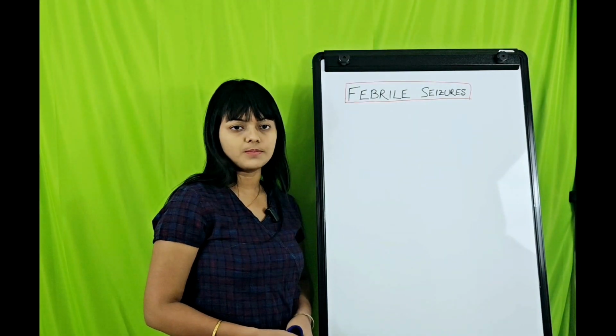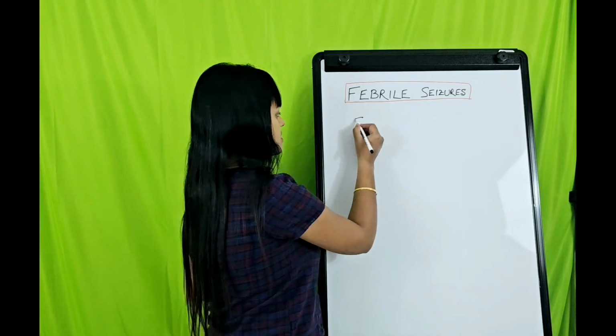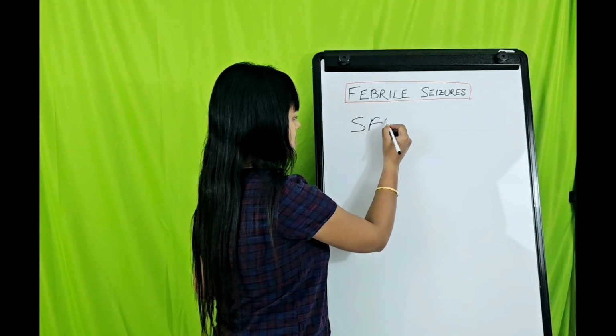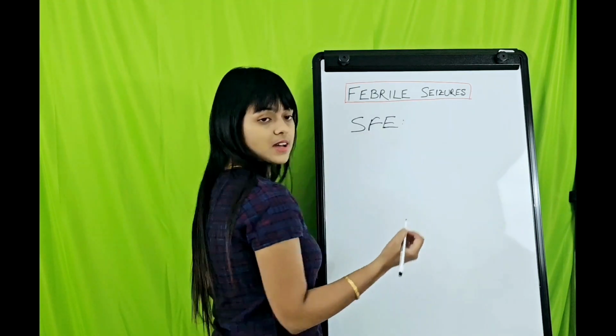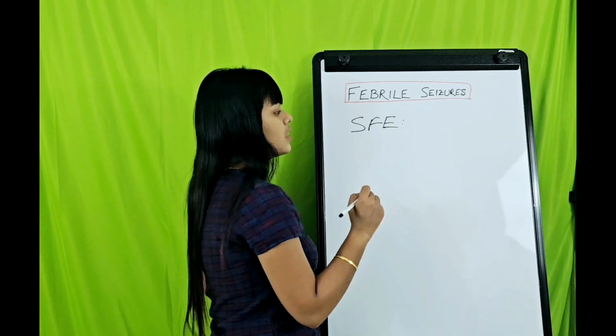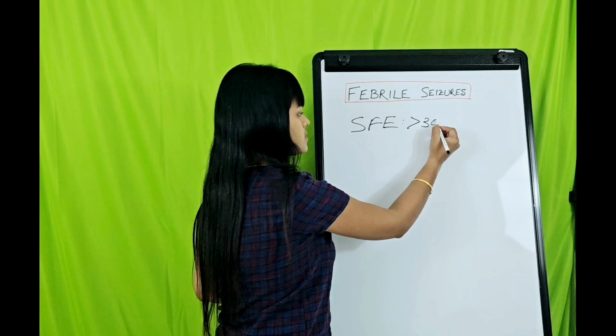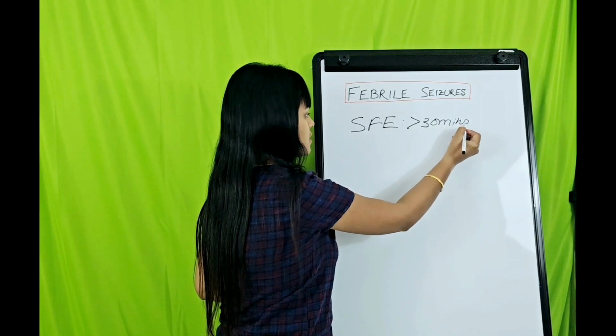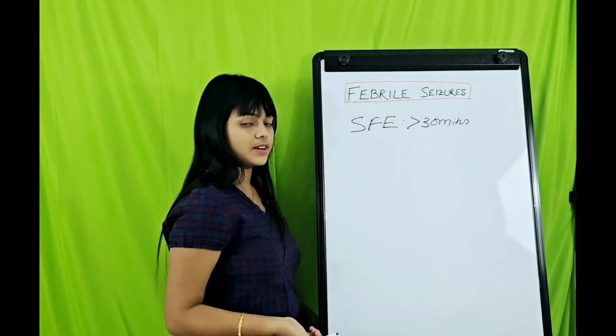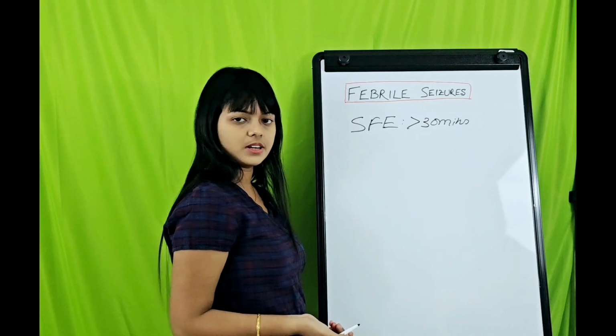And there is also something called status febrile epilepticus. So what is that? If the seizure goes on for more than 30 minutes, so then you will stamp it as status febrile epilepticus. Clear?